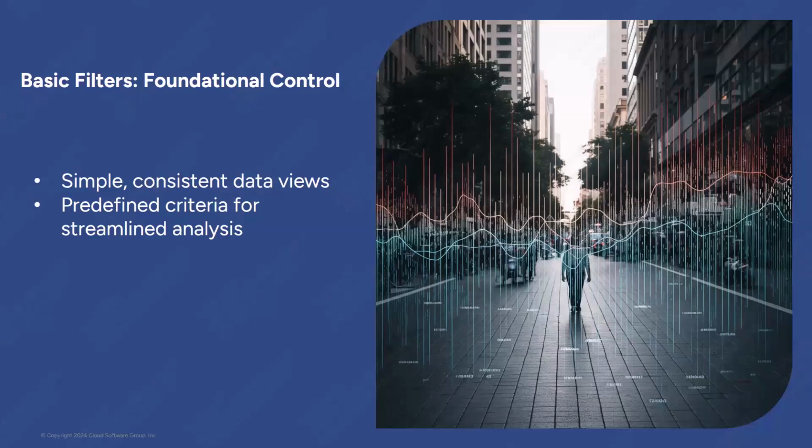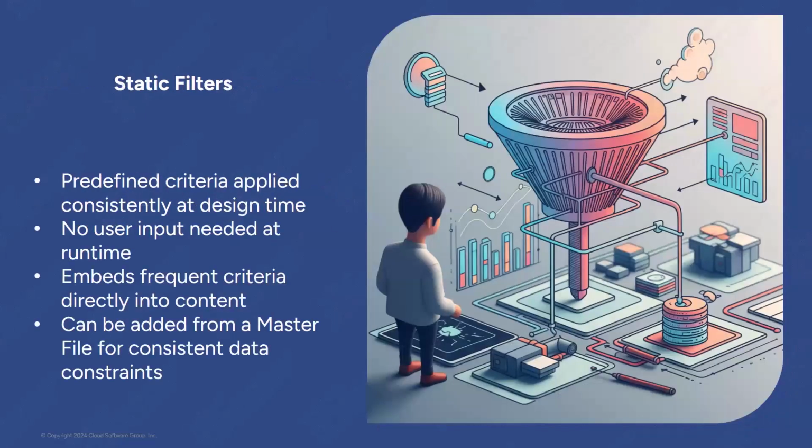When we talk about basic filters, we're going to begin with fundamental filtering options that provide consistent and straightforward control over the data that you see. For instance, static filters. Static filters consistently apply predefined criteria to your content.